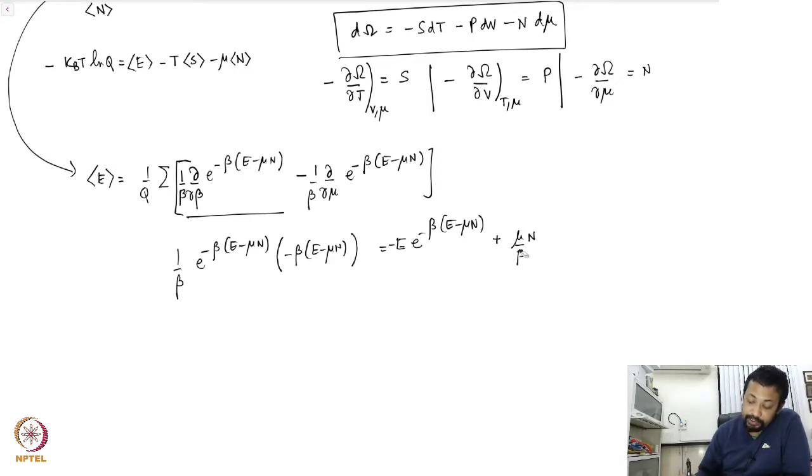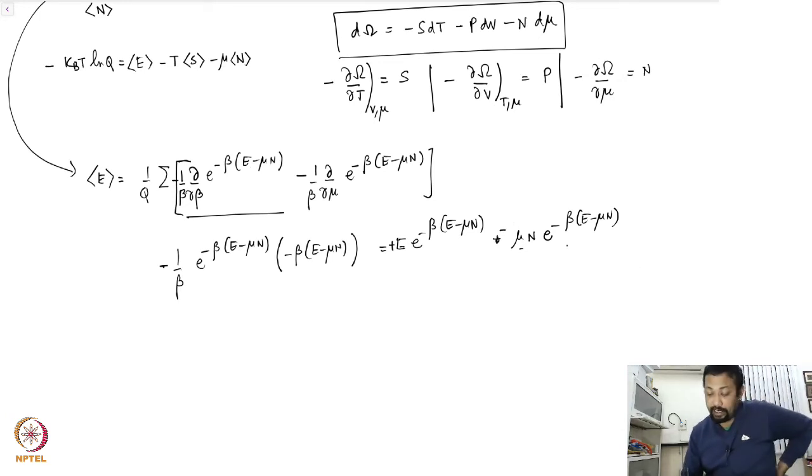Sorry, beta has been taken care of, so mu times. If I do it with a minus beta over here, then you see minus of beta is plus and this becomes minus.